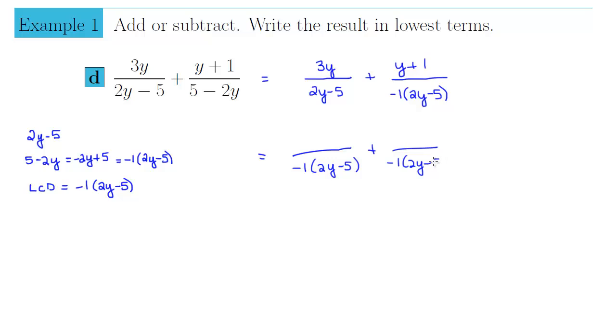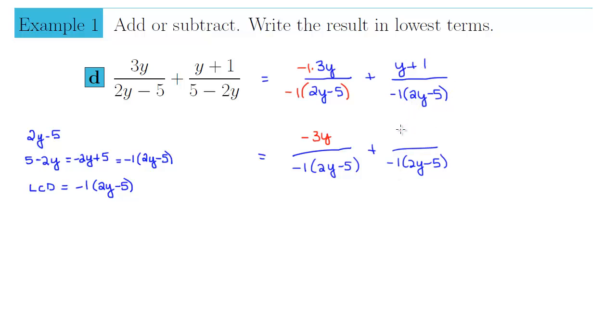What is it that we need to multiply by to change each of these fractions to get this new denominator? Well, in the first rational expression, notice what we're missing is the factor of negative 1. So when I multiply the bottom by negative 1, I also multiply the top by negative 1, and that creates in the numerator negative 3y.